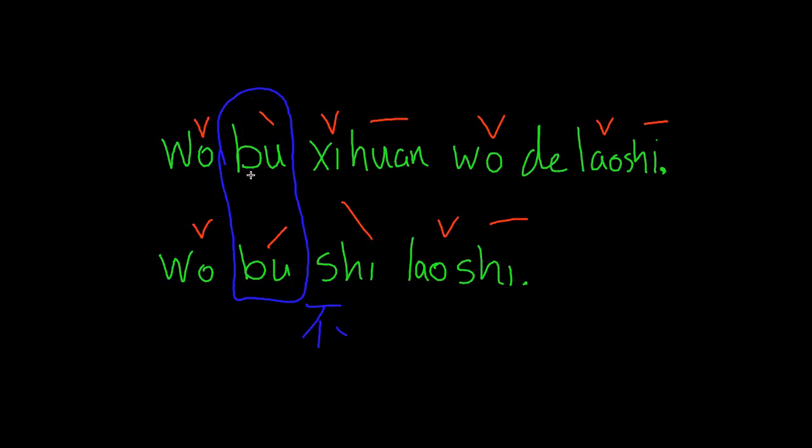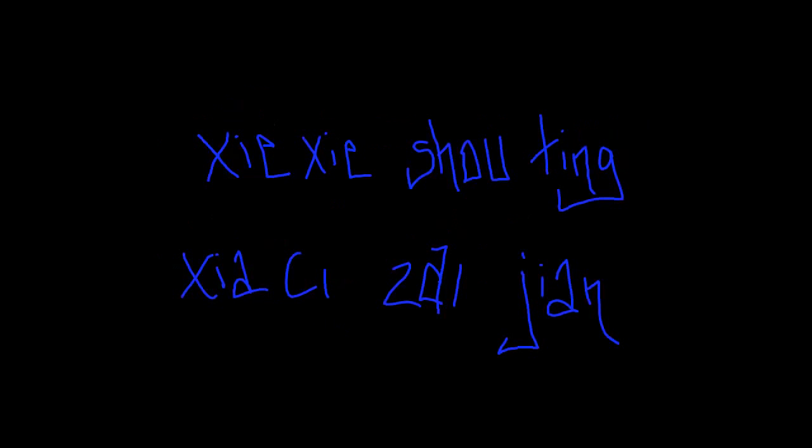Now there's a rule with 不. 不 is fourth tone, unless it's followed by another word that is also fourth tone. Anytime 不 is followed by a first tone, a third tone, or a second tone, it's a fourth tone. But anytime it's followed by a fourth tone, it becomes a second tone.